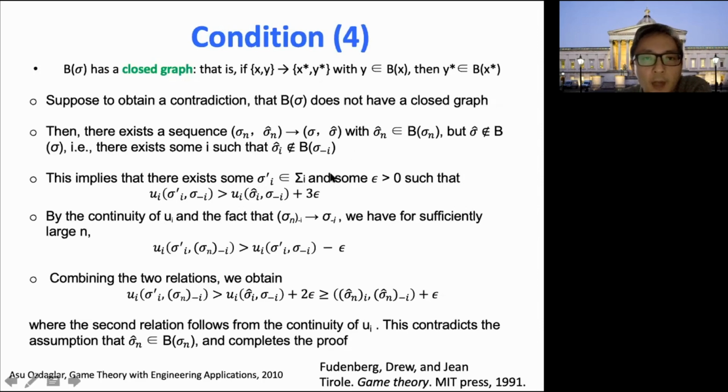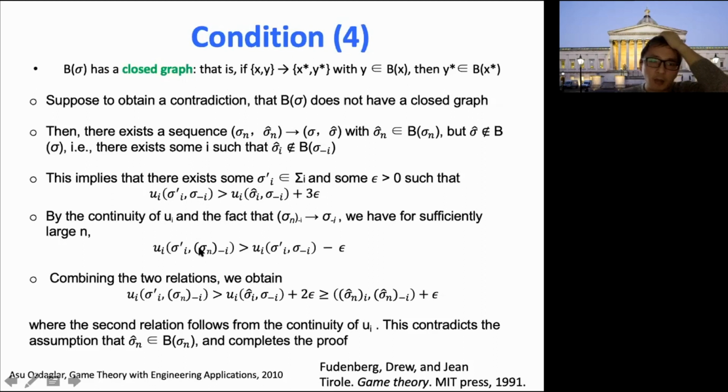Again, this can be proved by contradiction. Given the limited time, I'm not going to go through this, but you can have a look. It's quite clear actually: what you do is assume that it does not belong to it. Then, based on the definition of Nash equilibrium, there exists another strategy which would be larger than the one that's not.